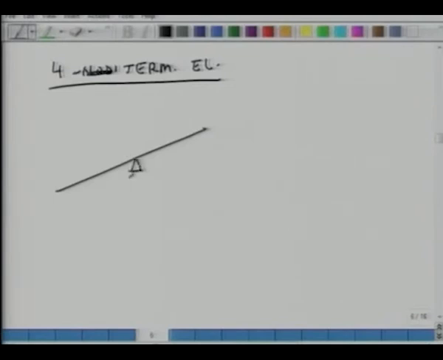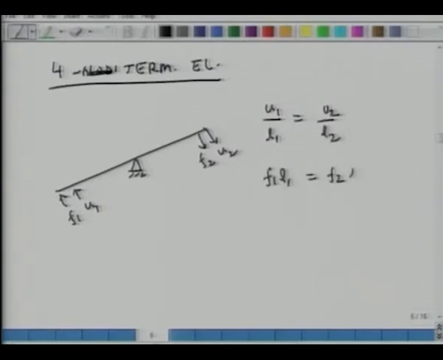I have a fulcrum. I have two input variables, F1, U1, F2, U2. Then the relationships are U1 over L1 equals U2 over L2, F1 L1 equals F2 L2, and this is analogous to a transformer.